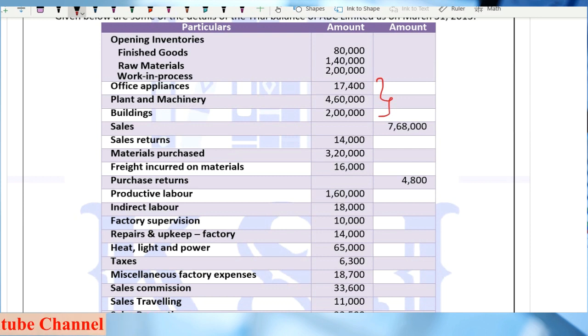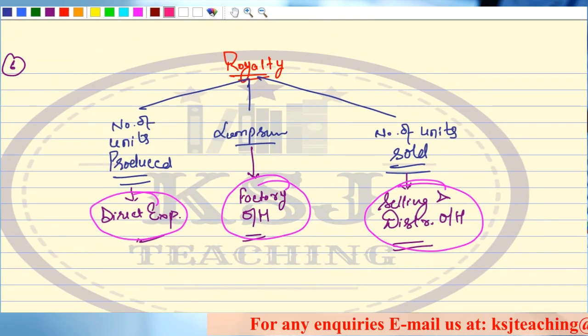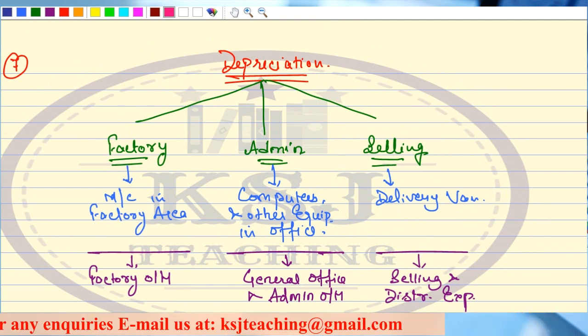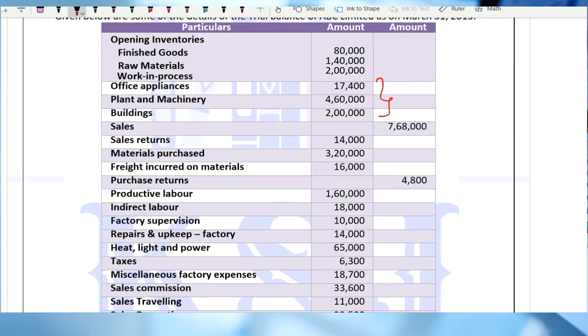Just check your notes. Have we discussed something about depreciation? Sir, something about depreciation we discussed or not? Yes. So whenever there is an asset value given for cost sheet purposes, the first thing is that this is given for the purpose of depreciation.